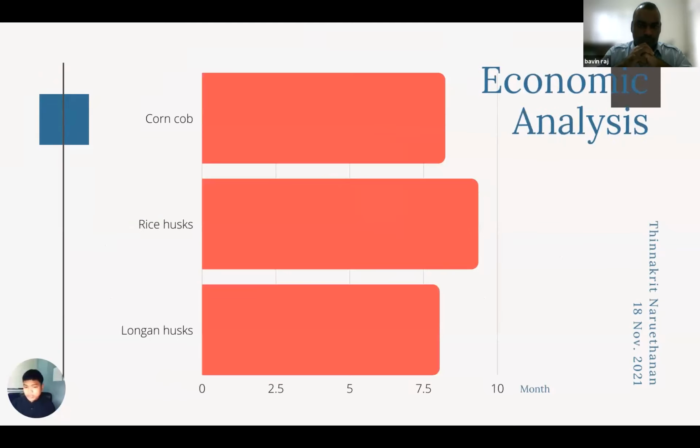When analyzing the economics, it was found that payback period of corncob, rice husk, and mountain husk are 8.2, 9.3, and 8 months.